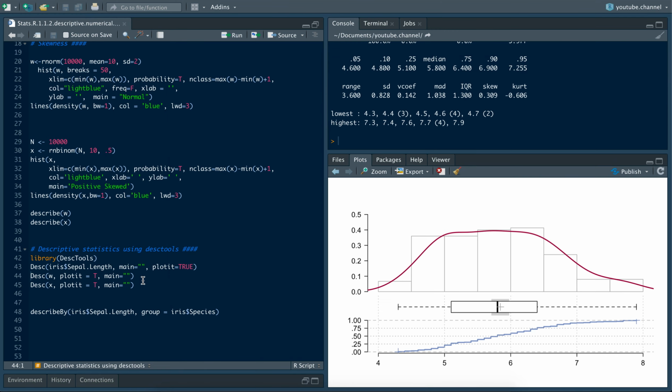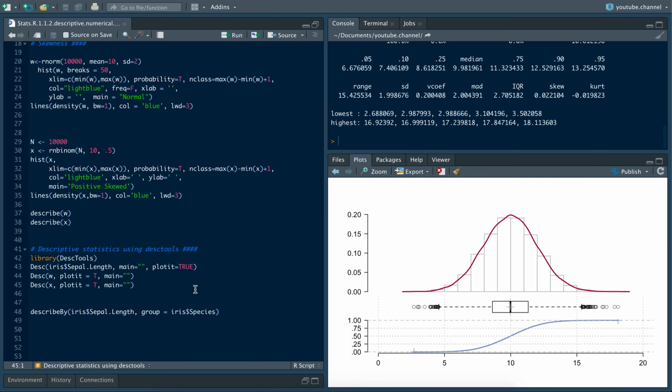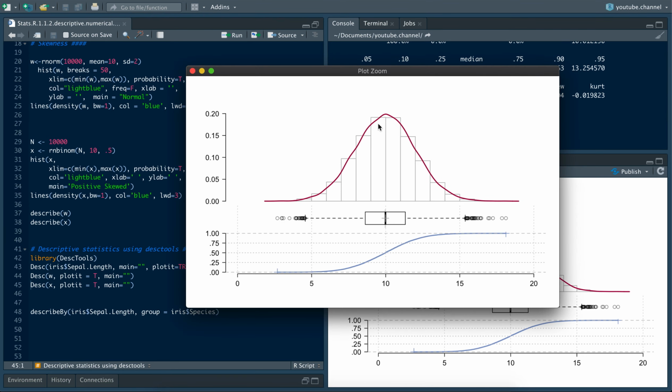If we test the same package with a normally distributed variable which I have created, you will see something like this. And clearly, this is a normally distributed variable with the obvious bell shape curve.